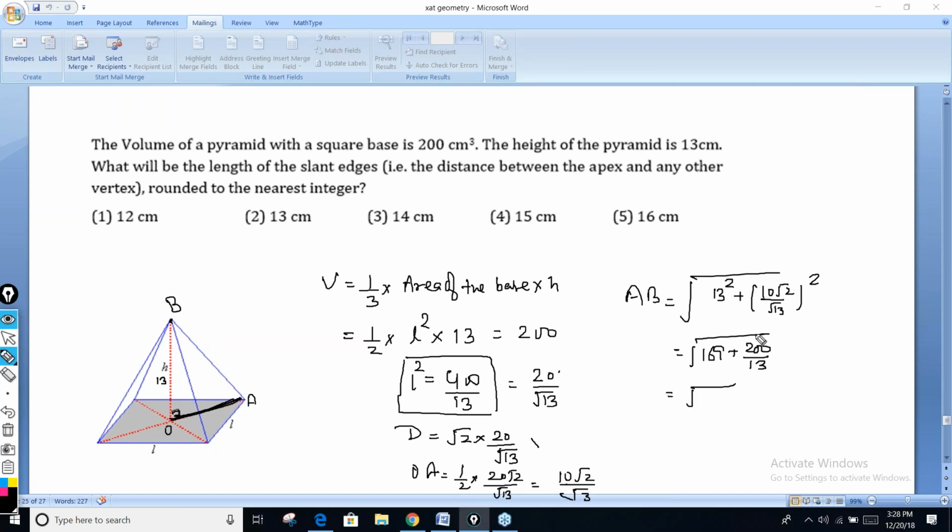So approximately this value is 15 point something, that is 184 point something. So the nearest integer of this value will be 40. The nearest integer, obviously, that is near to 40. So that is a simple question.